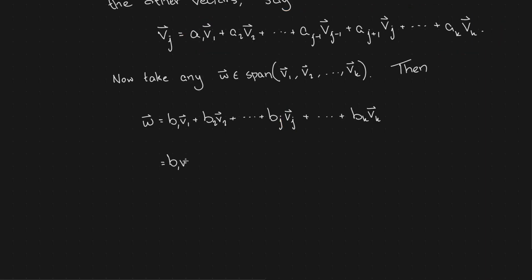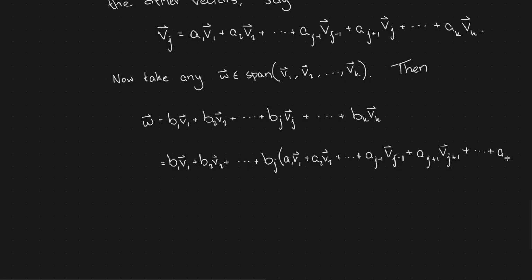I get b1 v1 plus b2 v2 plus ... bj, and then instead of vj, I'll have a1 v1 plus a2 v2 plus ... a(j-1) v(j-1) plus a(j+1) v(j+1) plus ... plus ak vk.